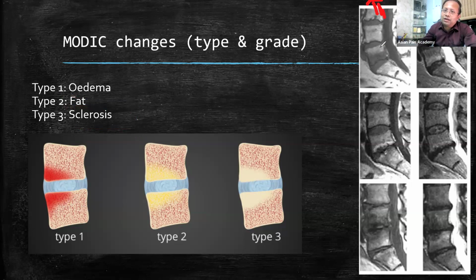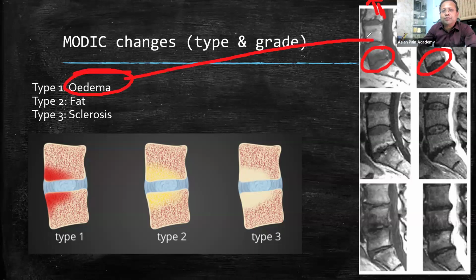In type 1, if it is black and the same area is white, then you suspect edema. This is the only important thing, that you are suspecting edema. You have to rule out that there is no subtle inflammation. You have to rule it out by history and everything. If it is going on and on, gradually increasing, and the patient is not getting better, you have to think in that way.